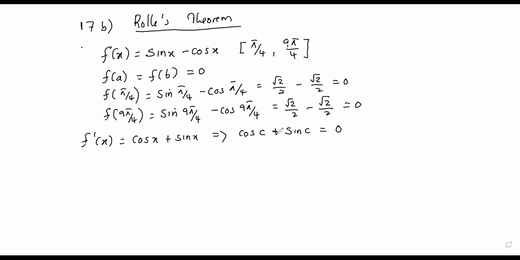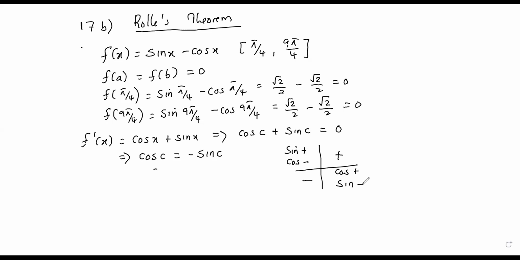Yes, so it's going to be cos c equal to minus sin c. Now we're saying these are equal in the first quadrant, they have the same sign, all positives. Also they are all negatives in the third quadrant. But here, sin is positive, cos is negative. Cos is positive, sin is negative.